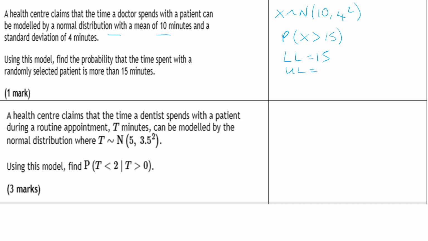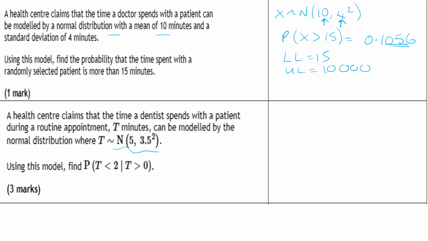Your upper limit, I always just put something like 10,000, some randomly high number, and then your standard deviation is 4, your mean is 10, and then that probability on your calculator comes out to be 0.1056.